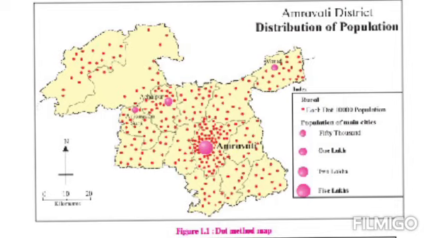Now there are 5 dots. The smallest dot for rural area is assigned 10,000 population. Then 4 dots are assigned for main cities. So in urban areas, the first, smallest dot is for 50,000, the second dot is for 1 lakh, the third dot is for 2 lakhs, and the fourth dot is for 5 lakhs.